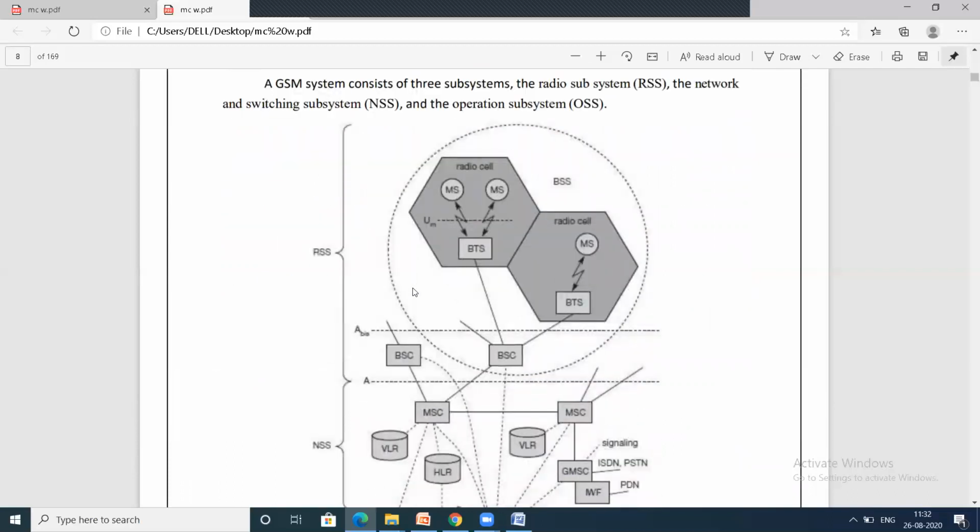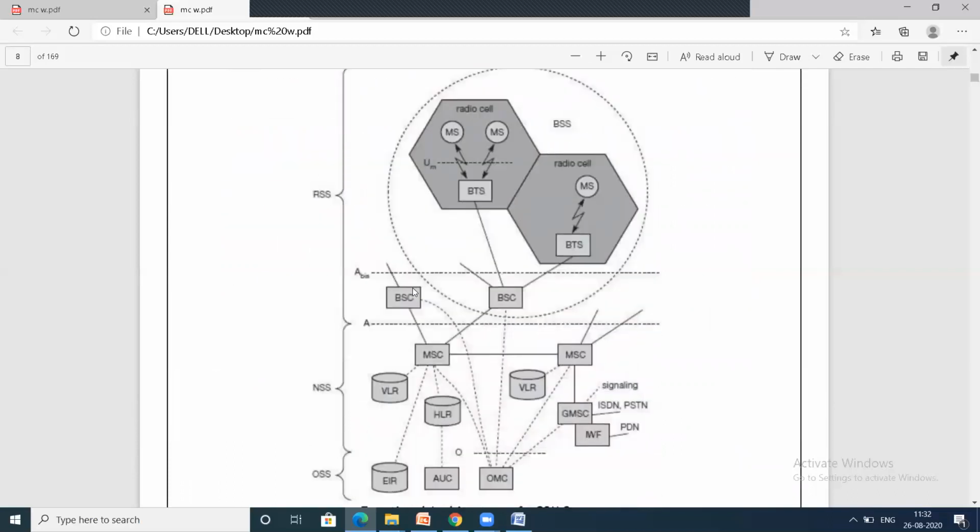Later, we discussed a very important topic, this diagram which you are seeing on the screen. That is the GSM architecture. This is a very important diagram. If you know well the relationships and connections between the components in this diagram, definitely you will understand further topics.